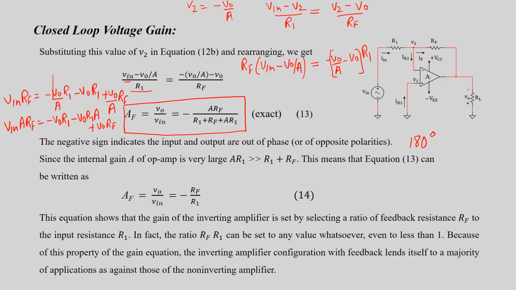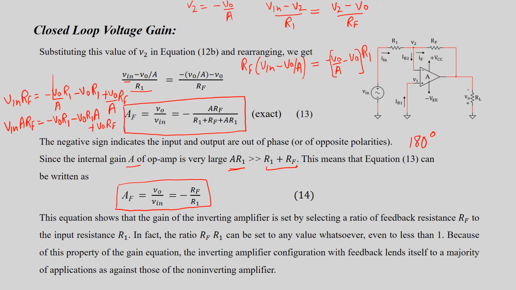Now, since the internal gain A of op-amp is very high, we know that A R1 is much greater than R1 plus RF. So from here we can write AF is equal to V0 by Vin, which is nothing but minus of RF by R1.